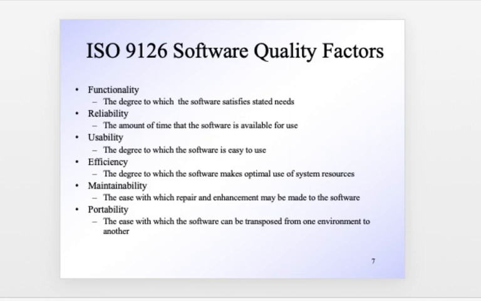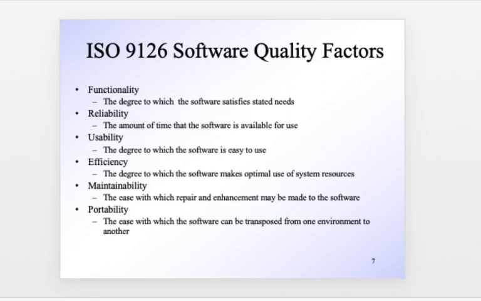The software quality is defined by ISO 9126. The ISO standard, most of you might know, basically standardizes the process, and ISO does not certify the product. So the software quality factors of ISO 9126 are functionality, reliability, usability, efficiency, maintainability, and portability.